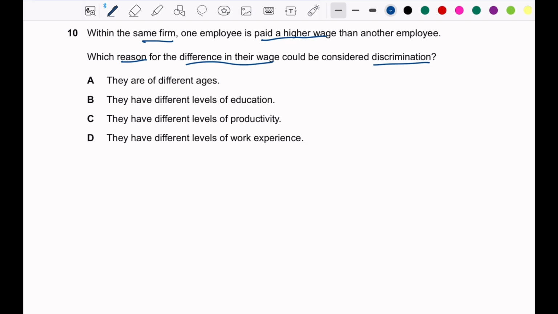B, they have different levels of education. No. C and D, they have different levels of productivity and work experience. So we can see that B, C and D are quite valid and fair reasons to pay an employee more than another one. So A is more likely to be discrimination. Moving on.